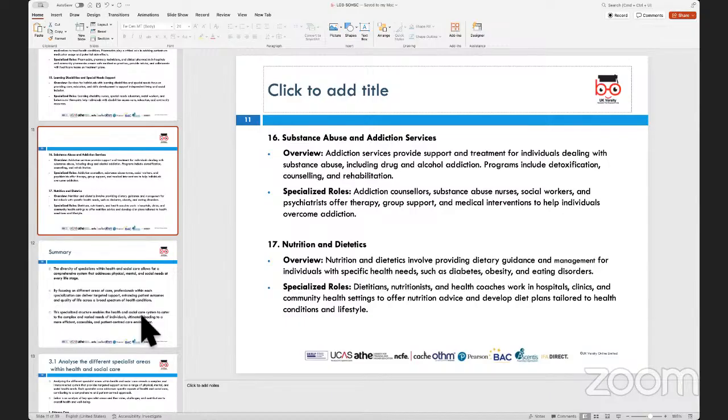In such cases, you would look at nutrition and dietary services, which would be a specialism. Here the guidance would be provided primarily to ensure that you're able to eat a balanced diet, and that hopefully helps reduce any sort of illnesses or disorders that could be genetic. That is something which you could be more susceptible to because of your family history.